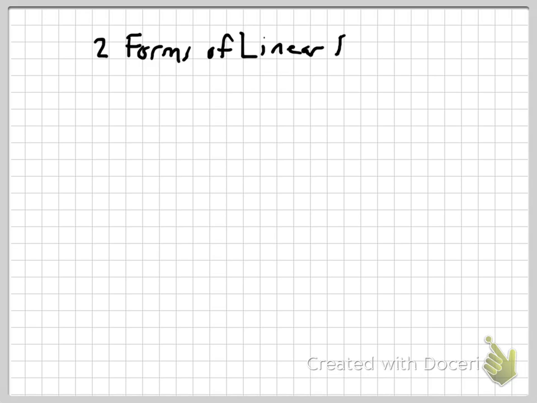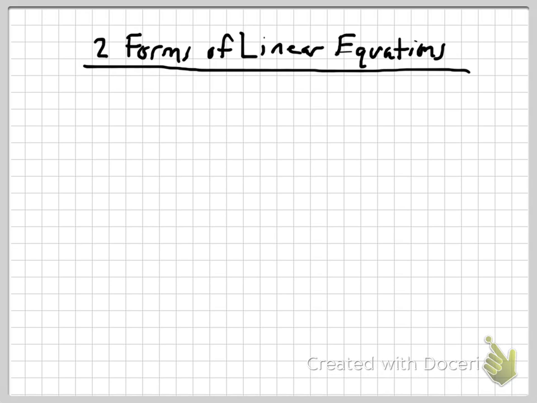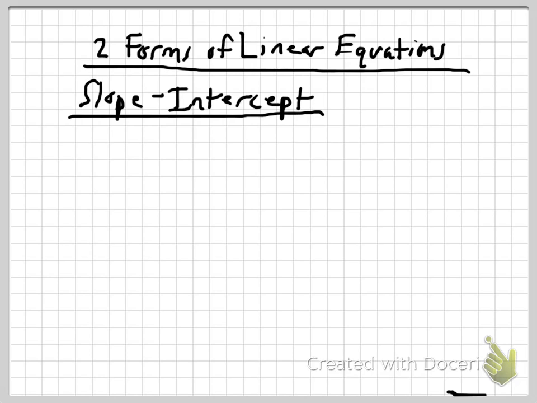First of all, there are two forms of linear equations that we're going to be using when we're writing equations of lines. And the first of those is slope-intercept form. I feel that you're pretty familiar with slope-intercept form of a linear equation, as you've done this before in algebra.